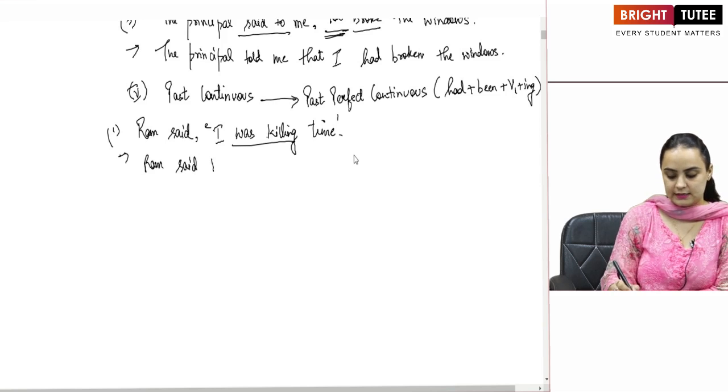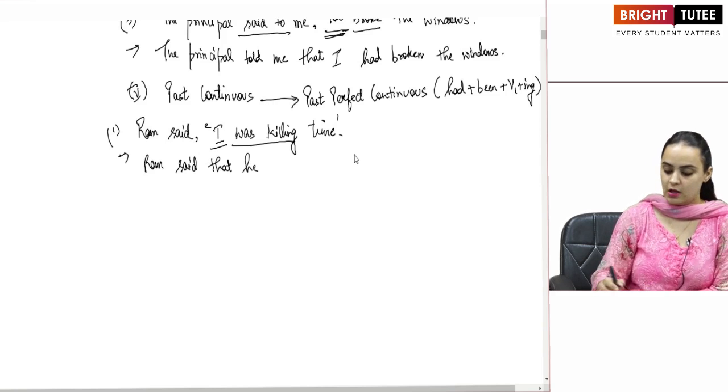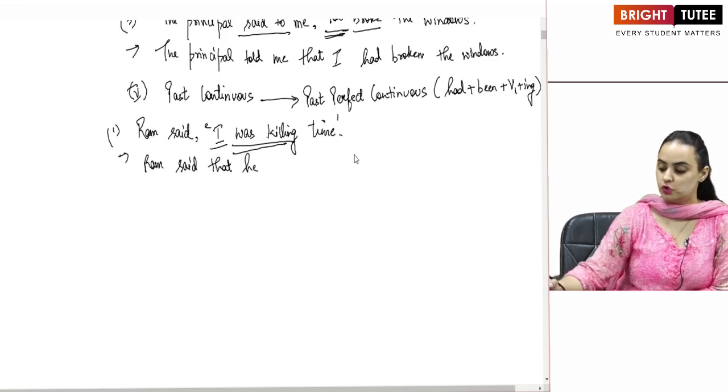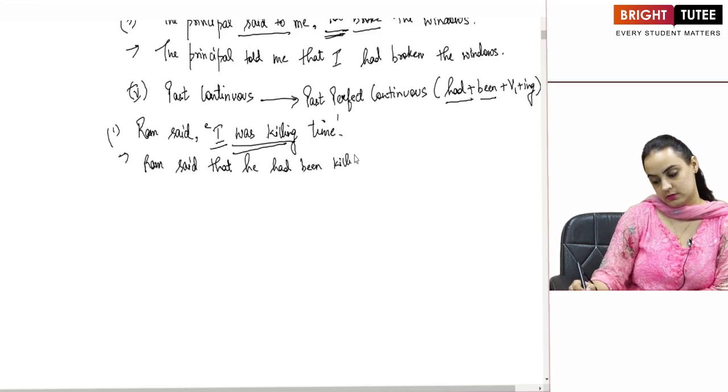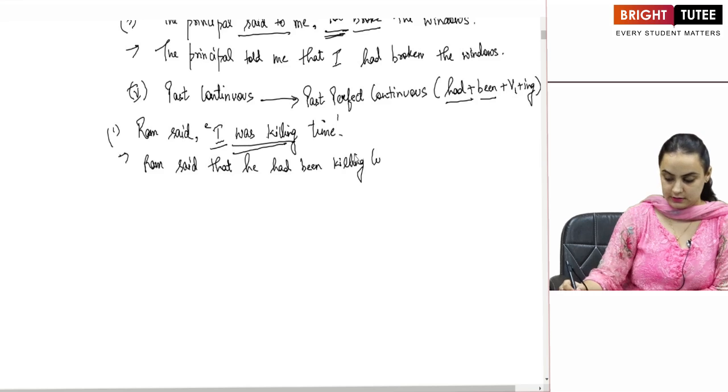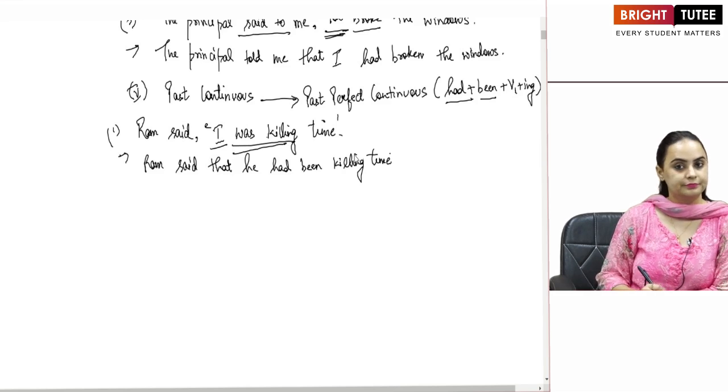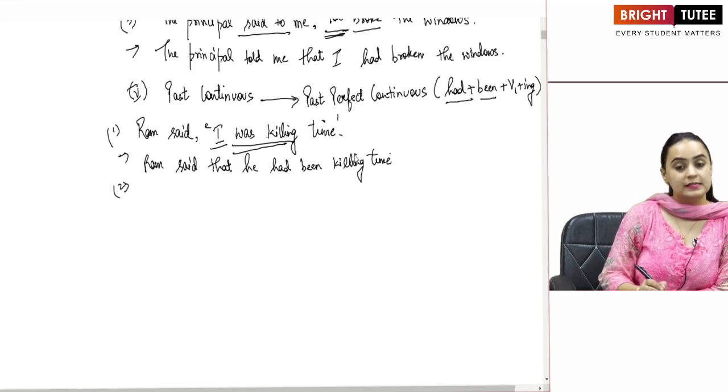Ram said that. I is used for Ram, who is a boy. So, he was killing changes to had been killing time. Another example.